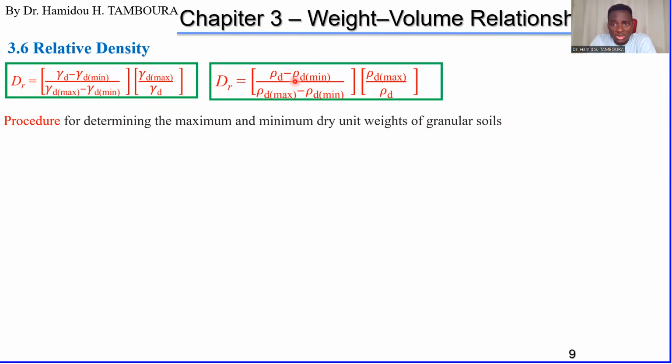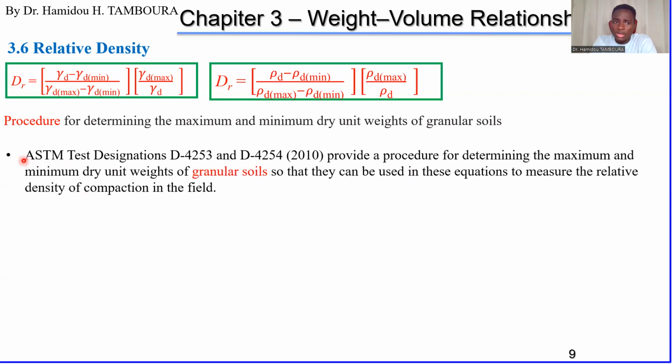I hope you know the difference. Unit weight is using weight in newton or kilonewton. But density is using mass in gram or kilogram. So unit weight is weight divided by volume. Density is mass divided by volume. That's the difference.